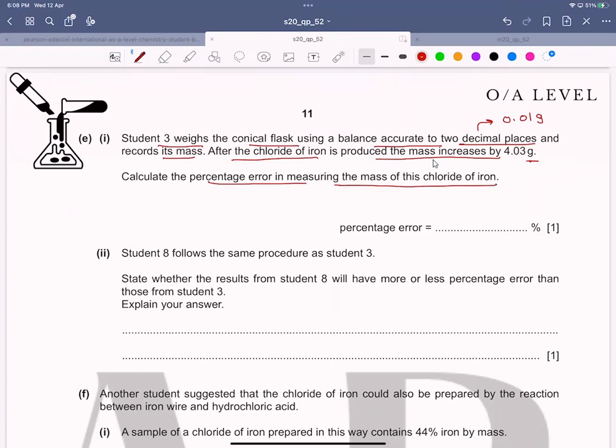So it's the least count, and from the least count divided by 2 I get the error, that is plus or minus 0.005. But if you recall the mass of chloride of iron, how could we measure this mass?